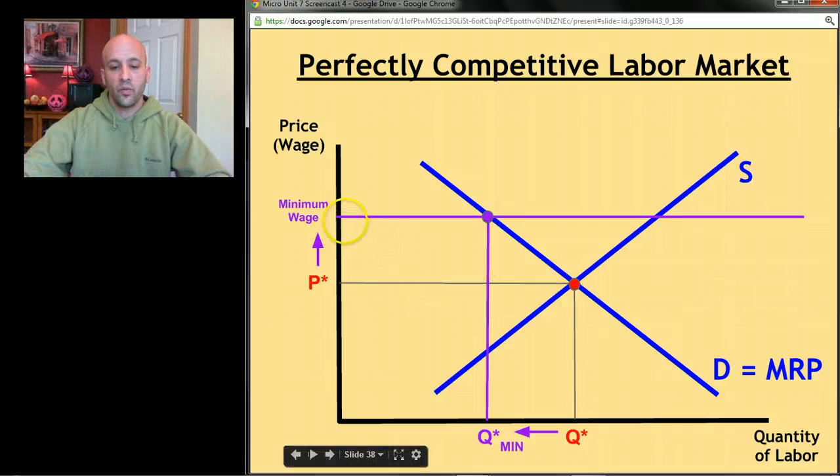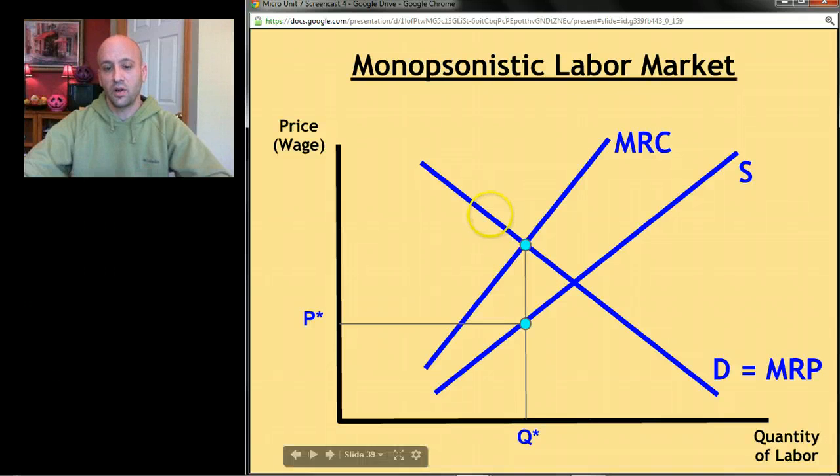If you follow that minimum wage along, here's the quantity of workers demanded, how many workers businesses want to hire. This would be the quantity of workers supplied, how many people want to work at that wage. And again, the difference between those two is that surplus of workers. And what we saw with the minimum wage is that, yep, the wage goes up, but we are always limited by the smaller quantity.